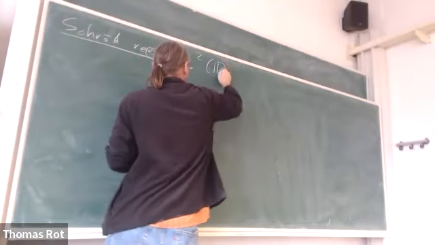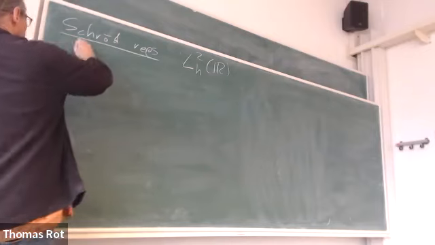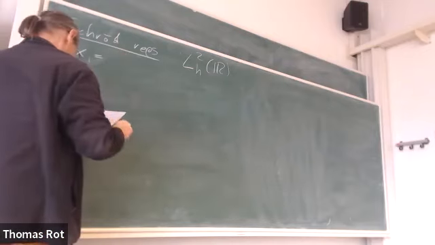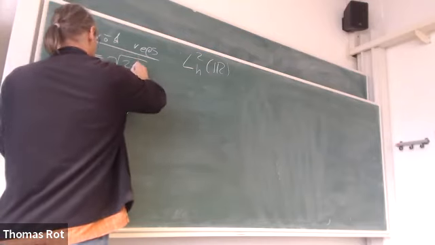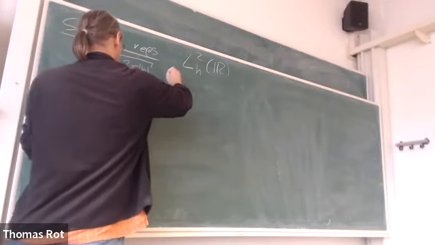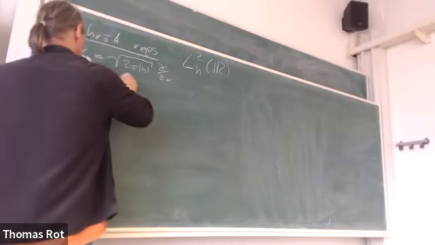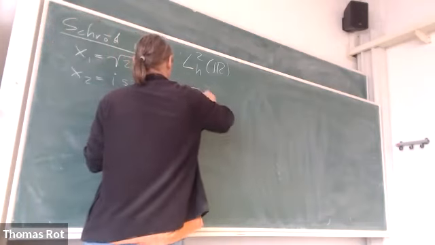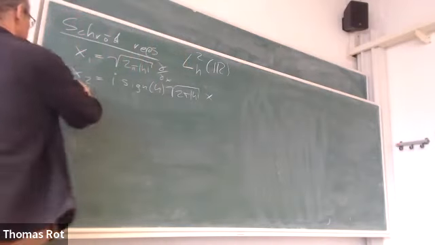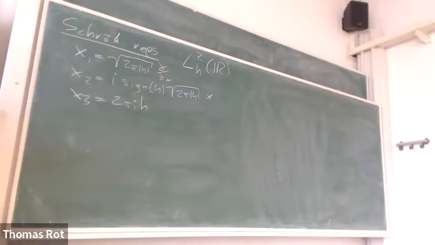We will represent this on L2 of R, and we define a parameter H, a real parameter. And here the action of x1 is d by dx, and x2 acts by 2 pi i H times x, and x3 acts by the commutator, which is 2 pi i H. You see the parameter tells you how the center acts.